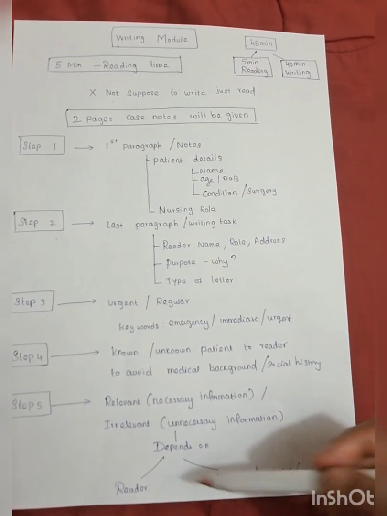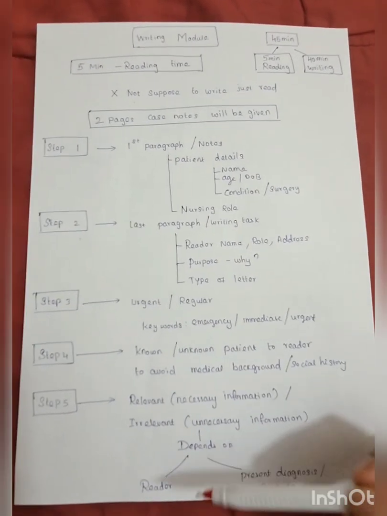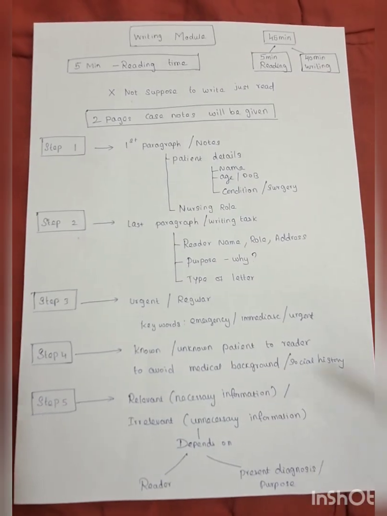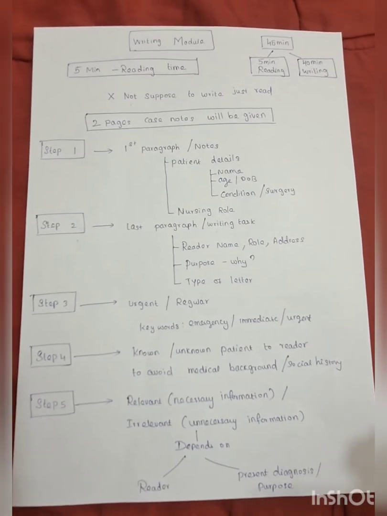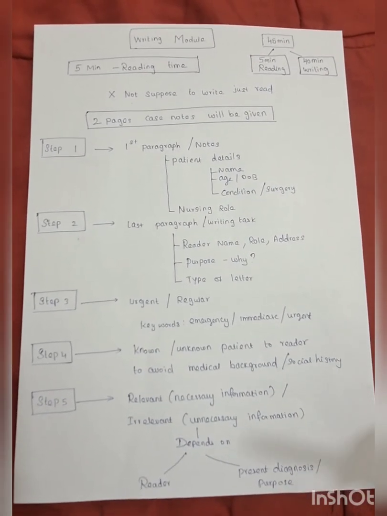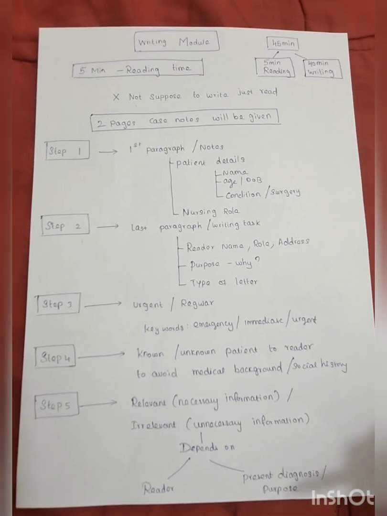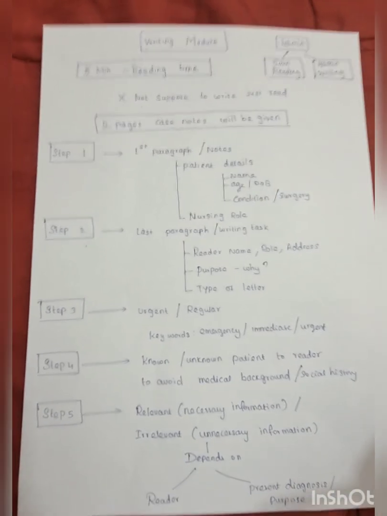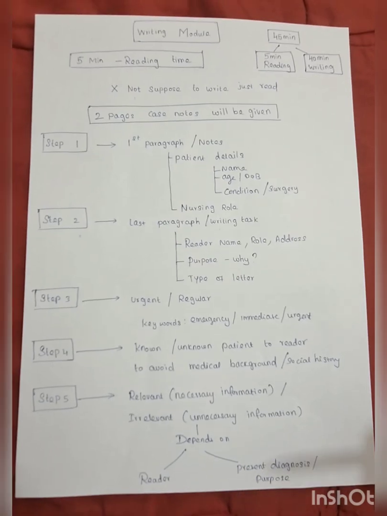So it depends upon two things: the reader whom you are writing to, and the present condition or diagnosis he has. So these are all the things you have to do in this 5 minutes reading time.